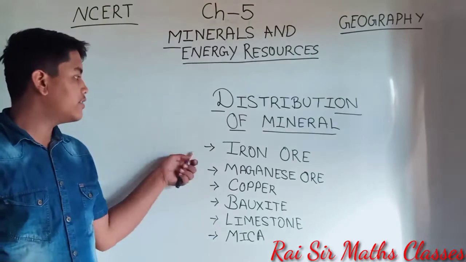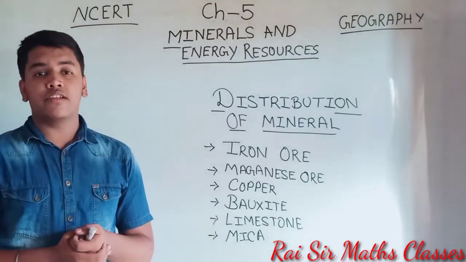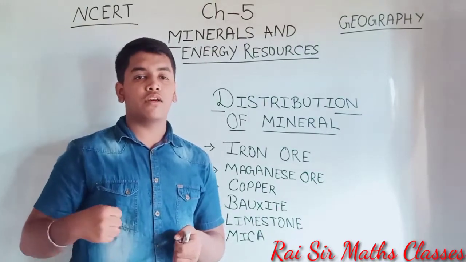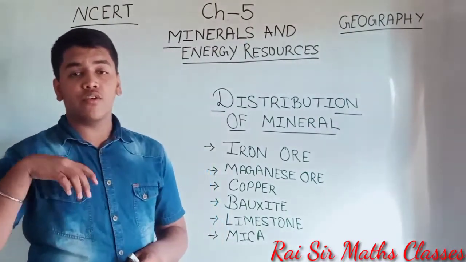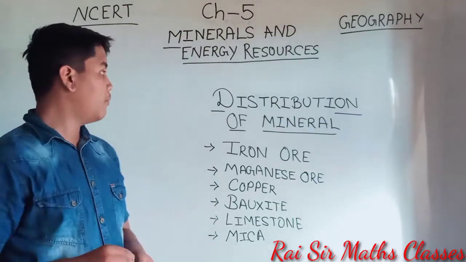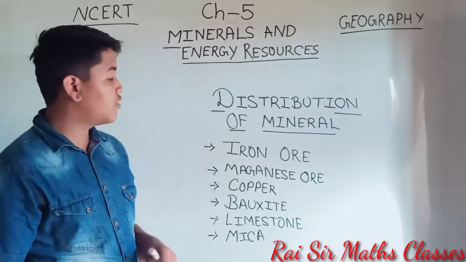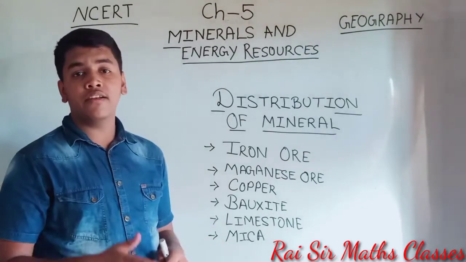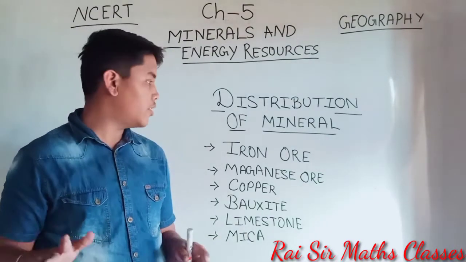So let's start with iron. Iron is the backbone of the mineral industry of India. It comprises more than 40% of mineral consumption, and its variety is more than 60%.